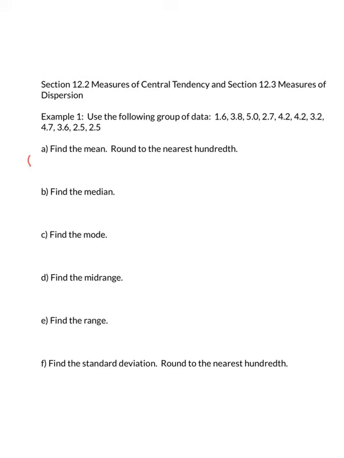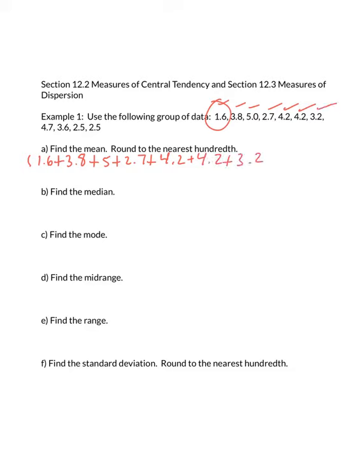So we got 1.6 first, plus 3.8 is next, plus 5.0 or 5 is next. These three, then 2.7, then 4.2, then we have another 4.2, added every time you see it for mean.